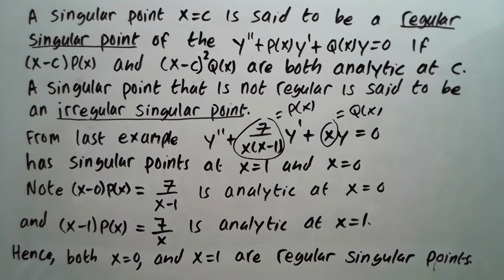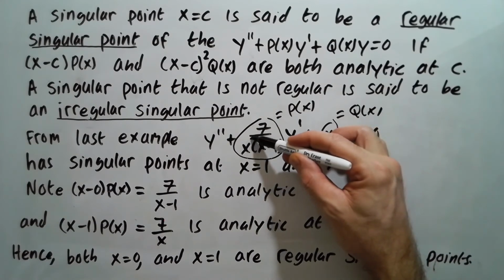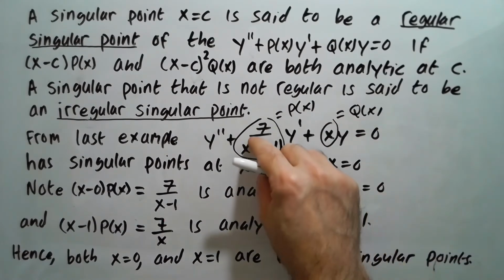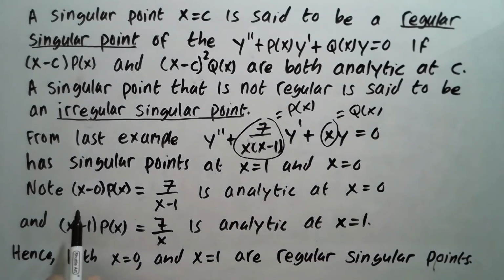If I wanted to get an irregular singular point, I could maybe put a square on the x there. If that had been a square, then when I multiplied by x, there'd still be an x left down here, and it would not be analytic in that case.